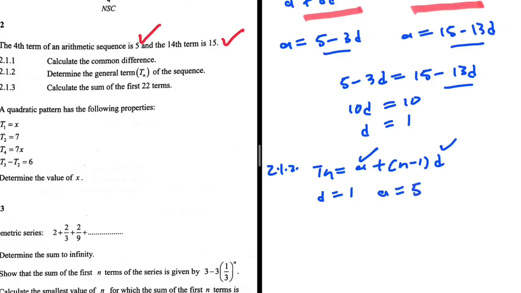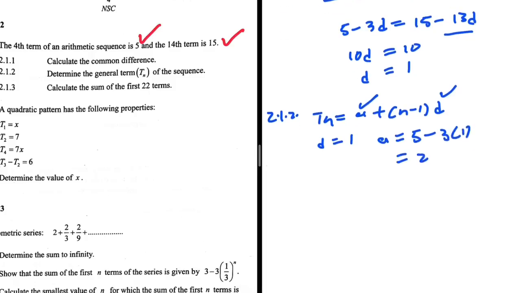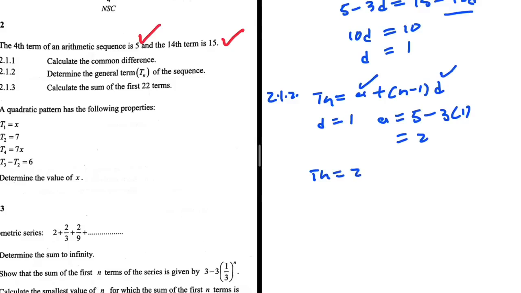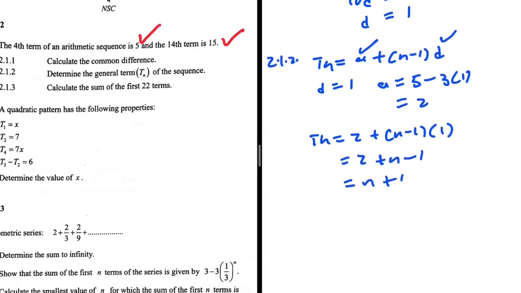We're going to have 5 minus 3 multiplied by 1, which equals 2. Substituting that back into Tn, we get 2 plus n minus 1 multiplied by the difference, which is 1. So 2 plus n minus 1 equals n plus 1, since 2 minus 1 is 1. So there we go. 2.1.2, we have Tn.